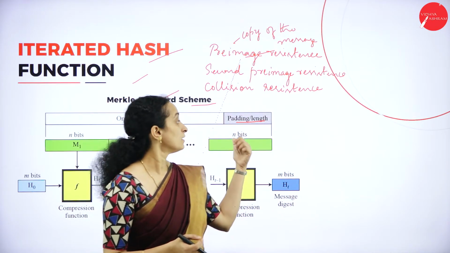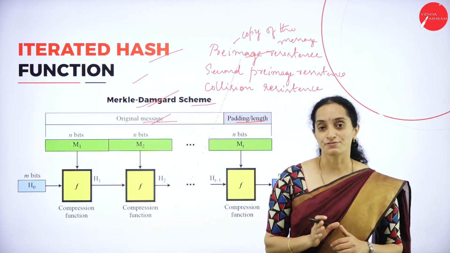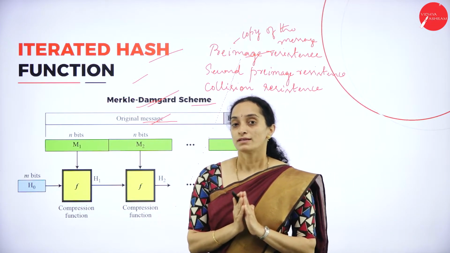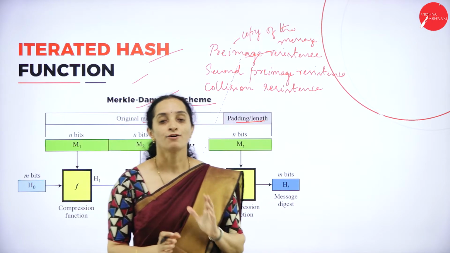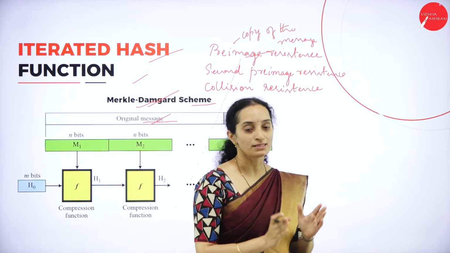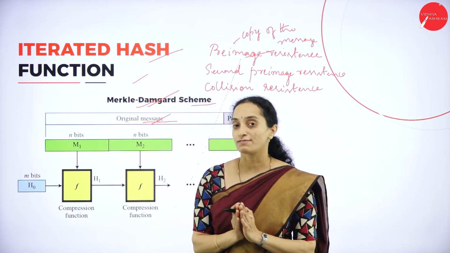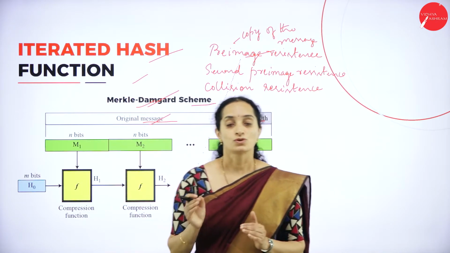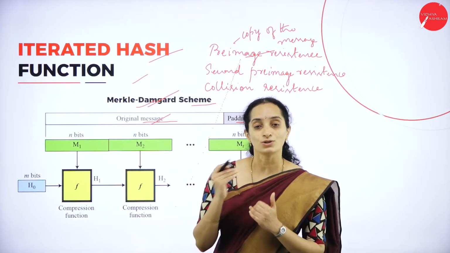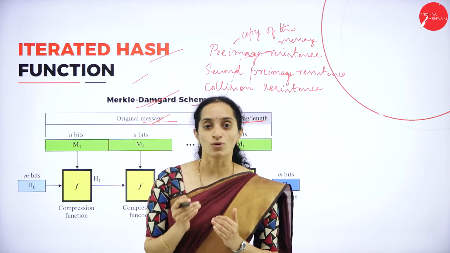The collision resistance criterion says that the hash function must not produce the same hash for two different messages, including messages from the adversary, because a hash function creates a hash value, a digest. The adversary could try to create a new hash value which collides with the original.